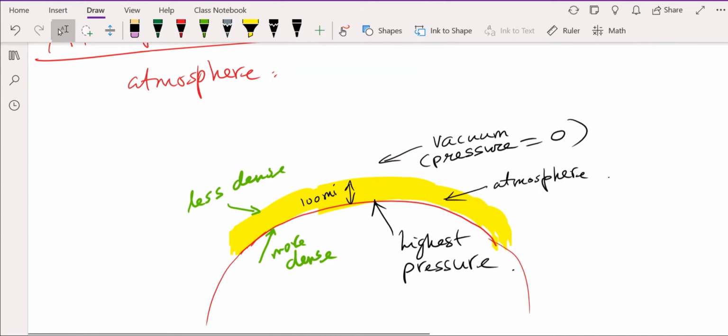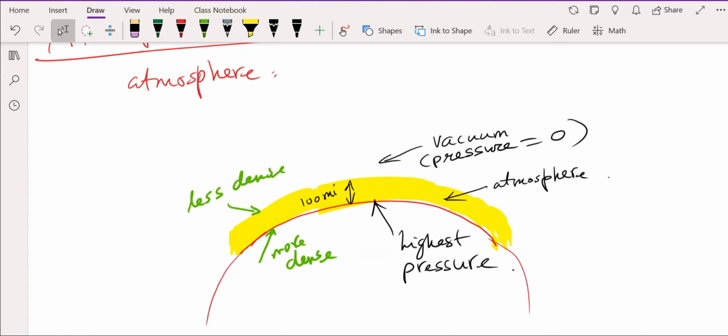So what I'm trying to say is this. Since all that air is standing above our heads right now, all the weight of the air of the atmosphere is sitting on us and is creating pressure on us.